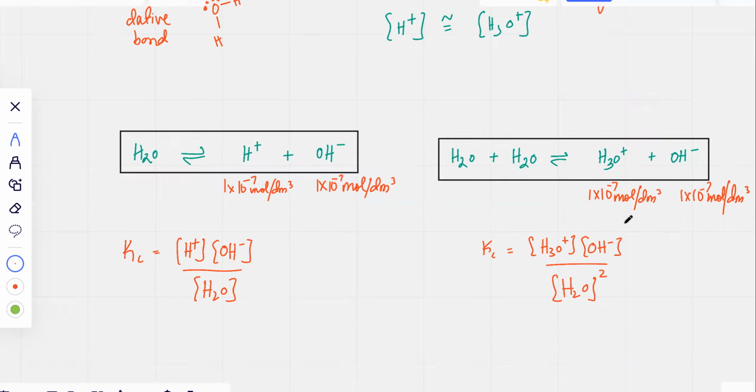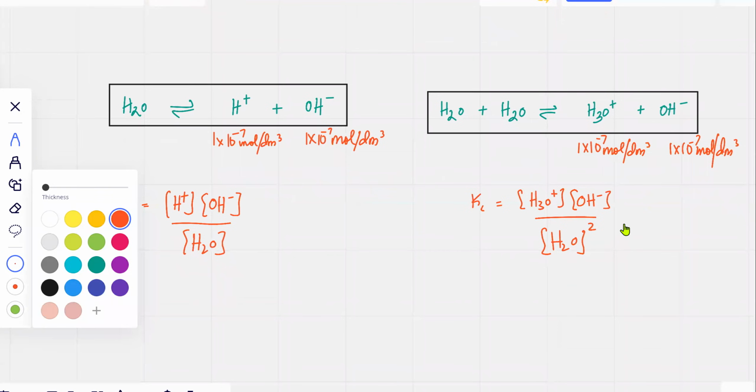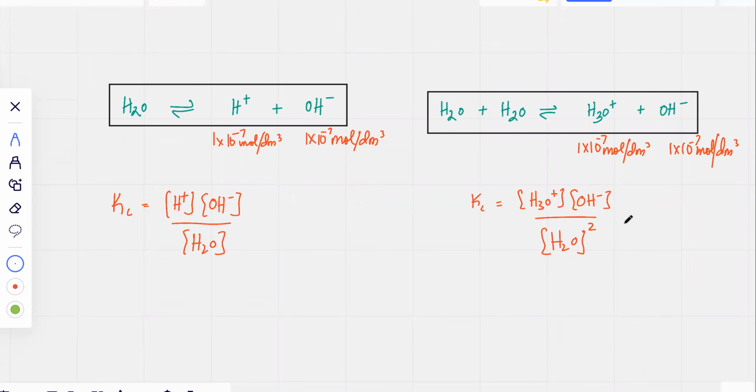Remember one thing, that whenever water is in excess, which in this case it is, it's in large excess. Which means if you have a beaker that's full of water, it's mostly going to be water. The amount of H plus 1 and OH minus 1 ions are going to be very, very few.